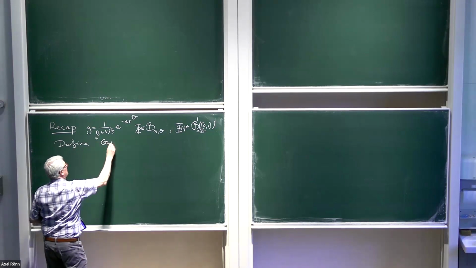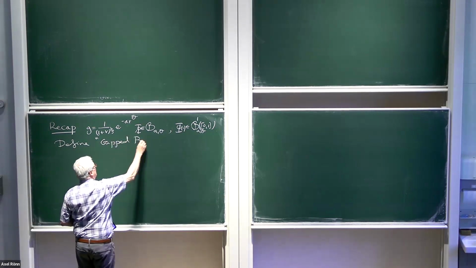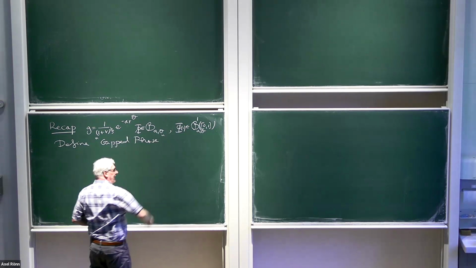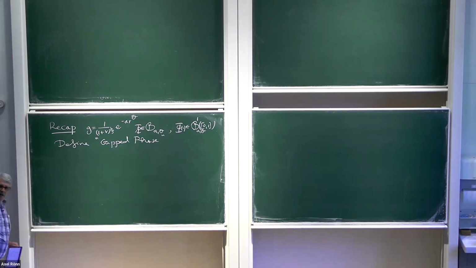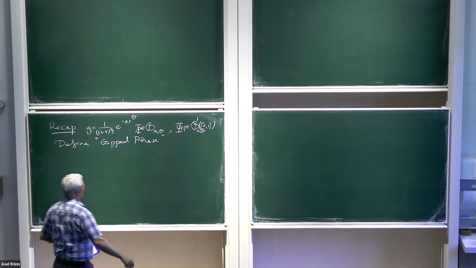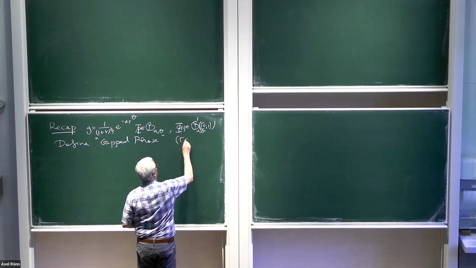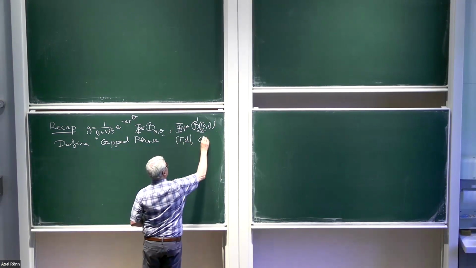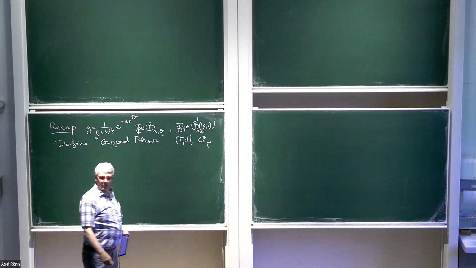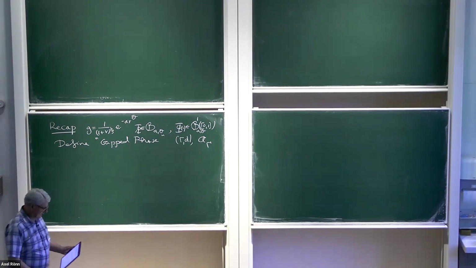Okay, so let's define gap phase in the context of quantum spin systems. Behind all of this, there is our discrete metric space and our algebra of quasi-local observables and the other algebras of local observables that we have introduced.